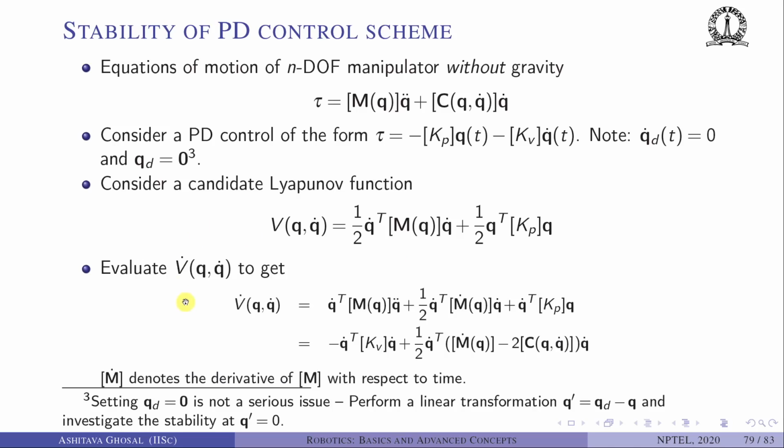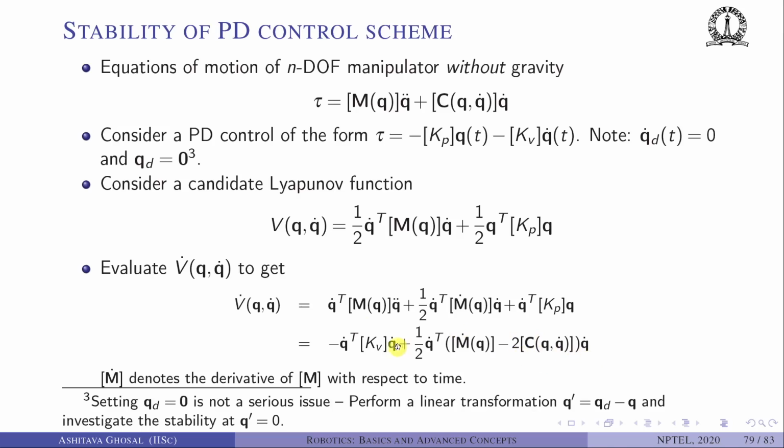We can evaluate the derivative of this V, and it can be shown by using the chain rule that this is q dot transpose M q double dot plus half q dot transpose M dot q dot plus Kp q. It can be written as minus q dot transpose Kv q dot plus half q dot transpose (M dot minus 2C) q dot.